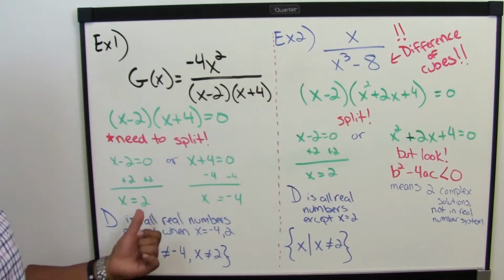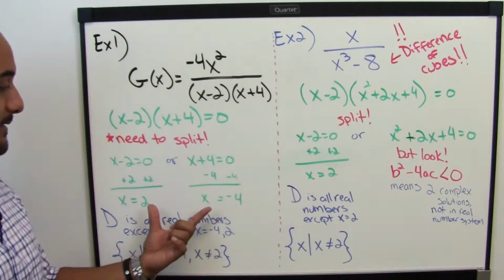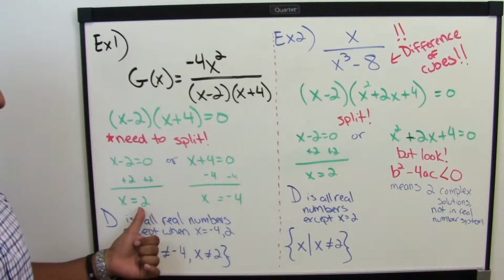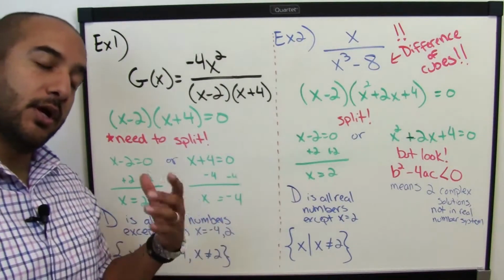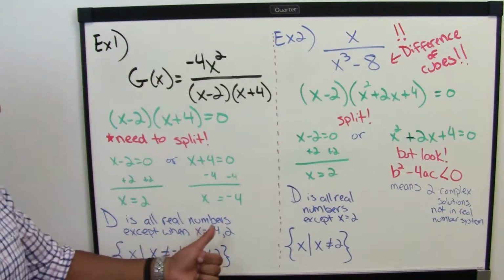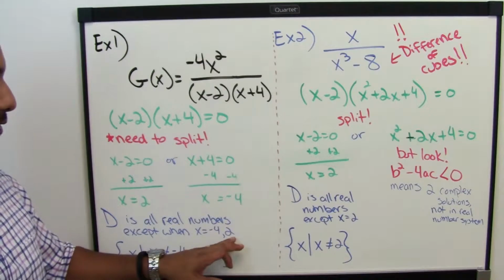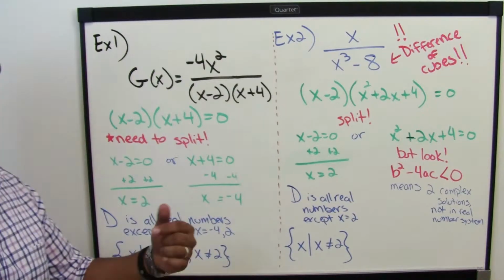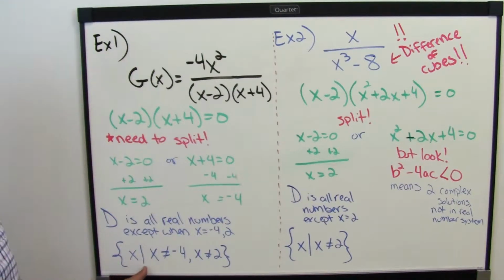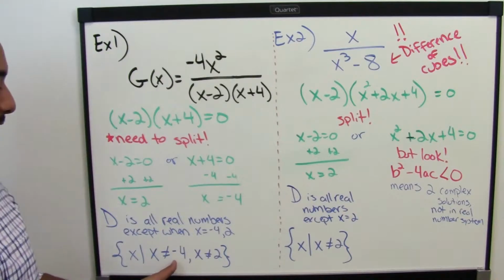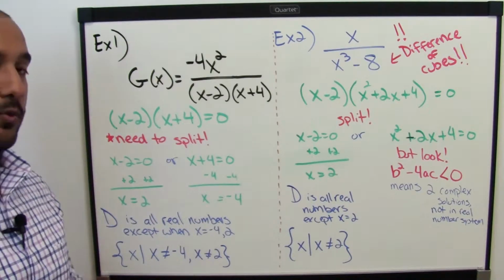Solving that, we see that we get two different x's here when it would be equal to 0, when it's 2 or -4. So our domain is all real numbers except where x is -4 or 2, or we can say it like this, okay? So all real numbers such that x does not equal -4 or 2.